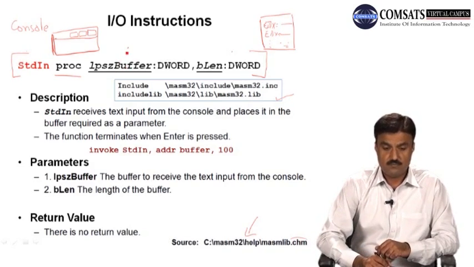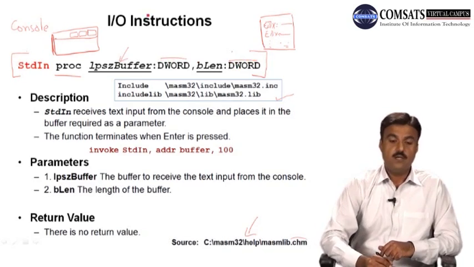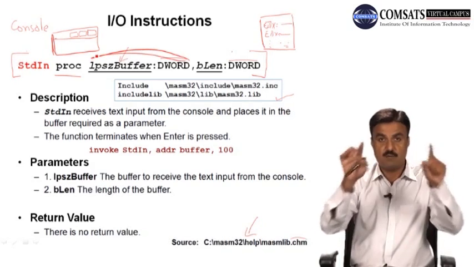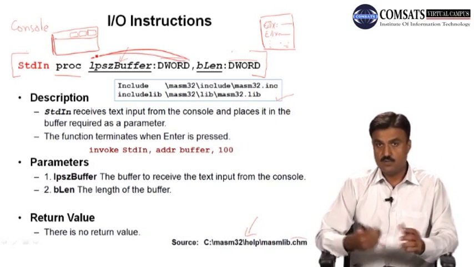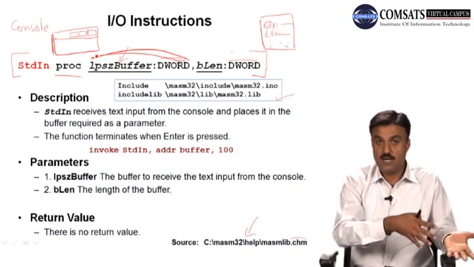And here is the buffer. This is the lpszBuffer, a double word, and then the length of the buffer. There can be any variable which must occupy some area inside the memory, so whatever input we receive will be forwarded to that area.